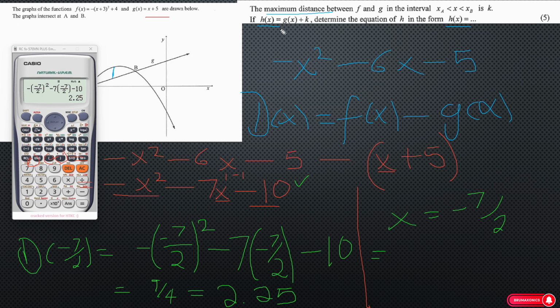So we go back and say that, okay, h of x is equal to g of x, which is x plus 5, remember it, and then plus k, and the k that we found here, which is plus 2.25, and then this is equal to x plus 7.25, which is x plus 7.25.